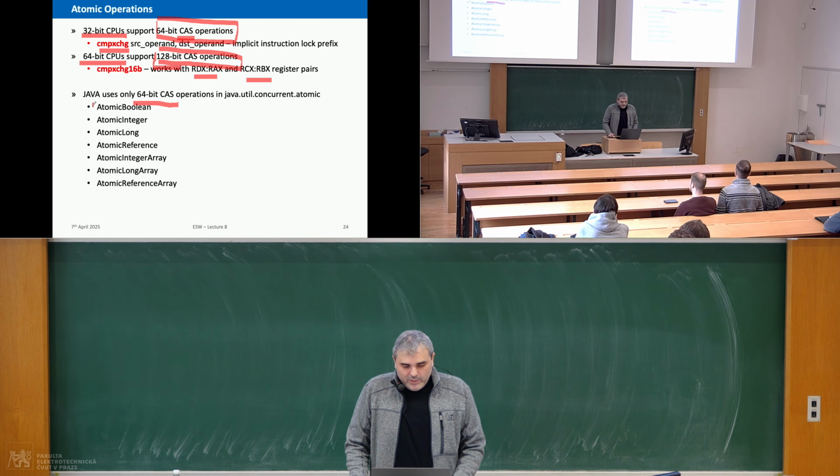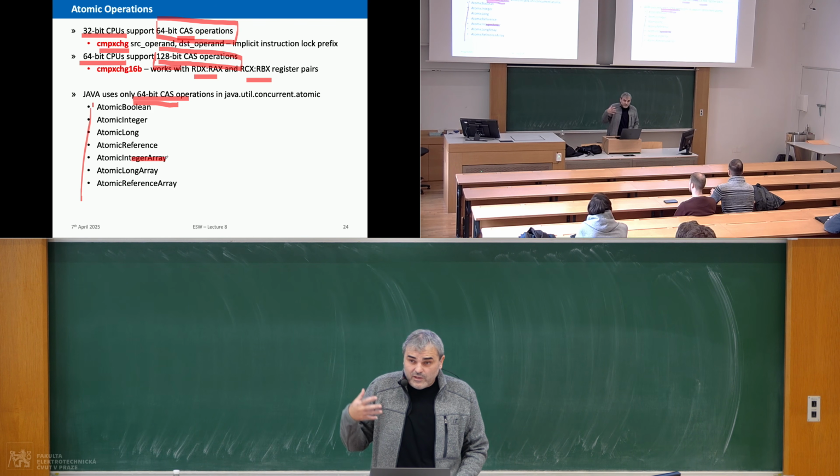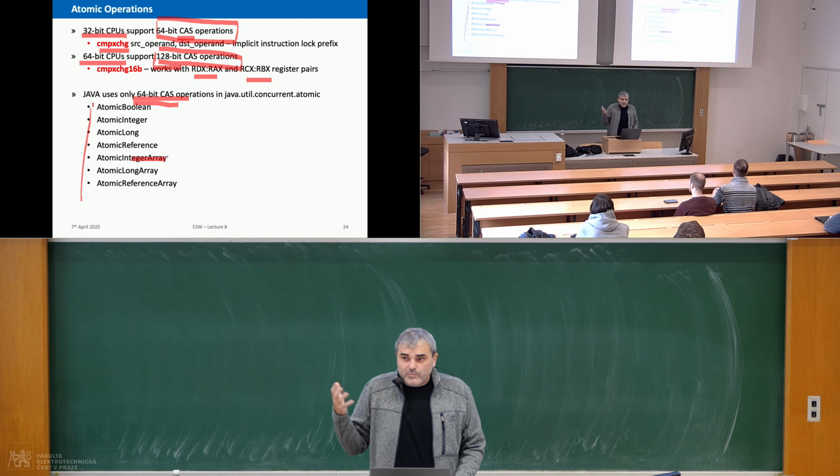So we can easily cover by 64-bit all of this: atomic boolean, atomic integer, atomic long, atomic reference, integer array. Then the atomicity happens on the value at a particular index position, atomic long arrays, and also atomic reference arrays.